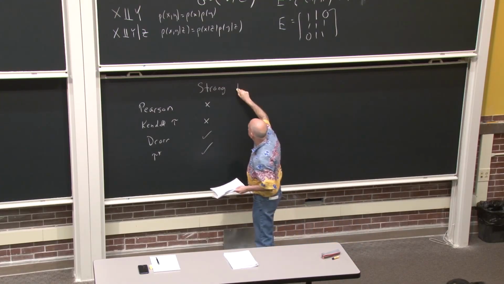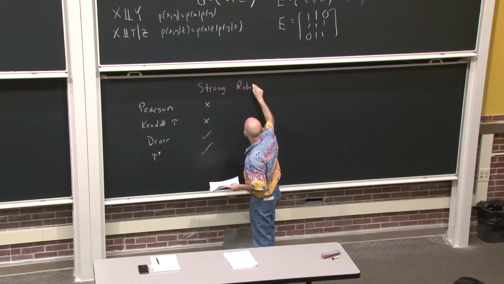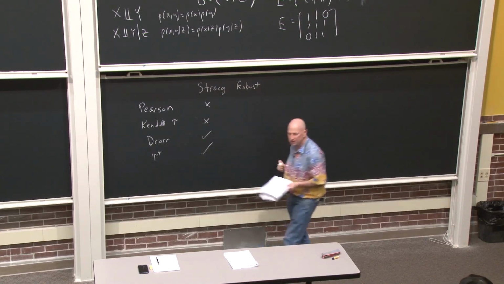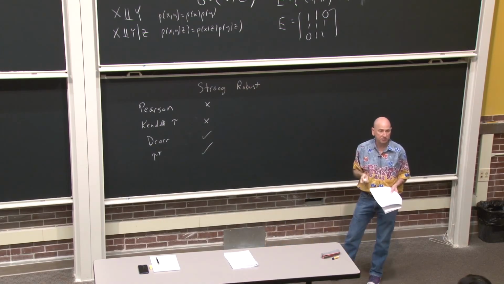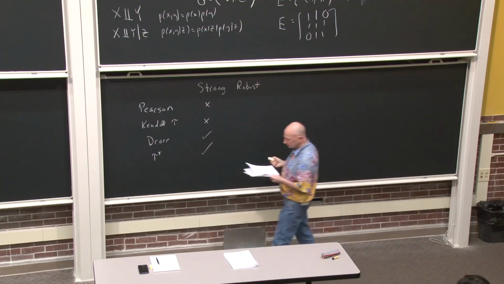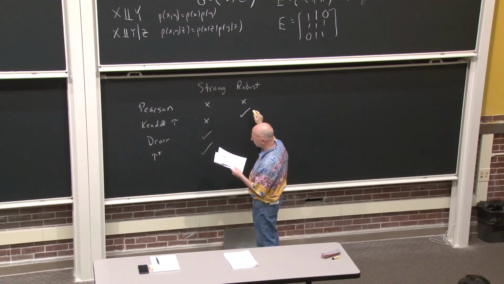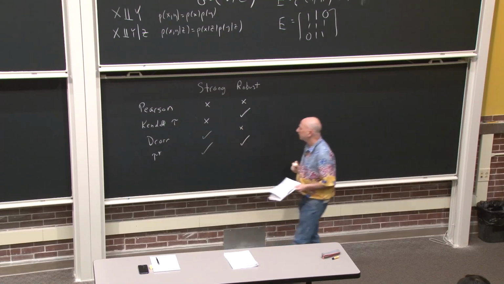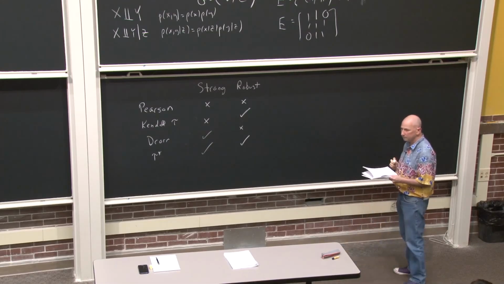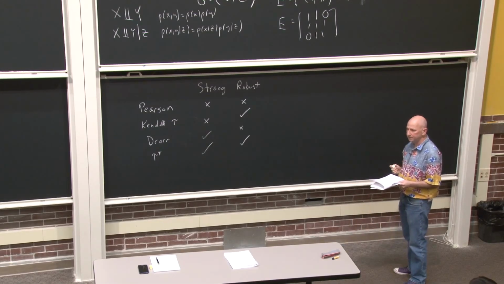Now I'm going to put down something called robust. What I mean by robust is that it's not sensitive to outliers, extreme observations. On this one, Pearson fails, Kendall's tau does well, distance correlation fails, and tau star does well.